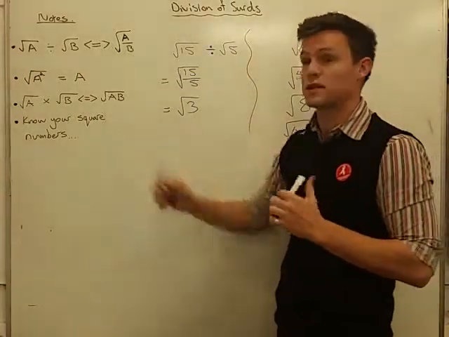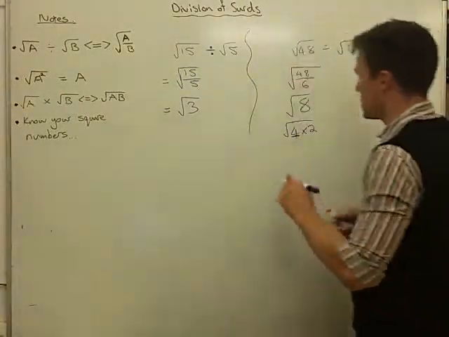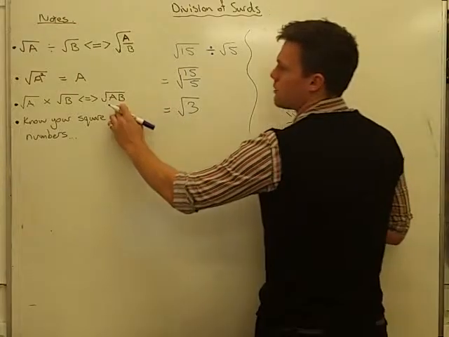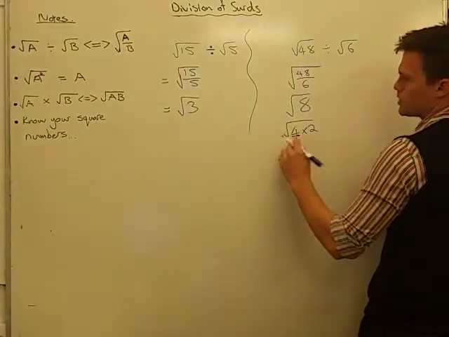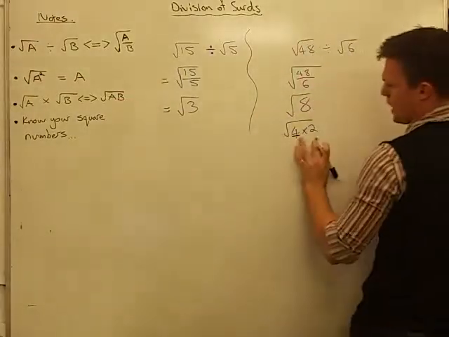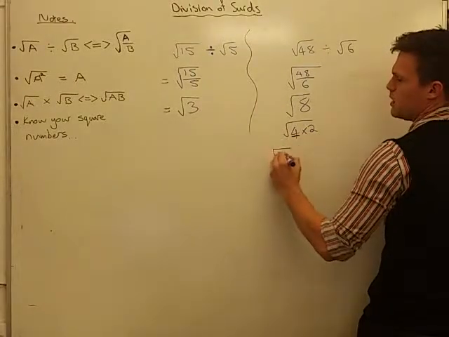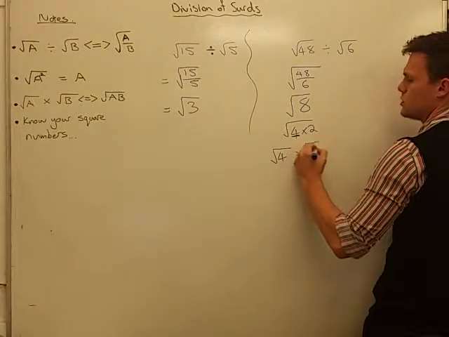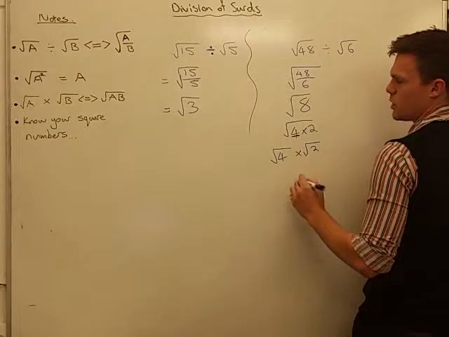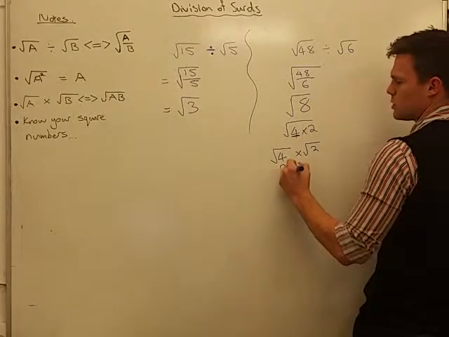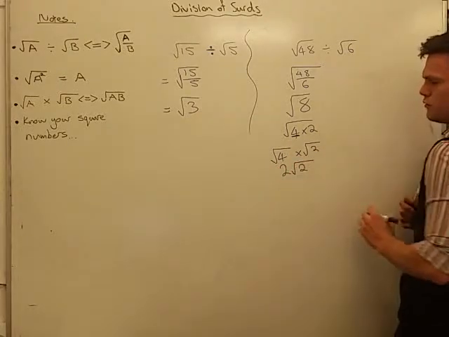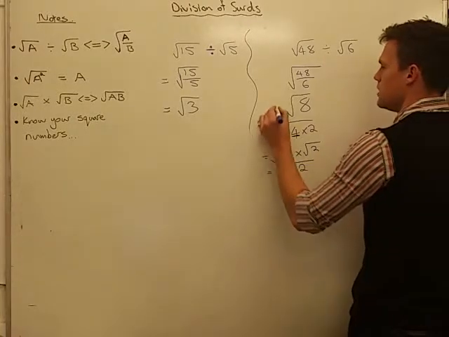I'm always seeking out my square numbers when I'm thinking surds. So now I can use my multiplying rule and go backwards. So this is kind of a times b, so I can split this up as root 4 times root 2. And we know the square root of 4 is 2, so we write this as 2 root 2.